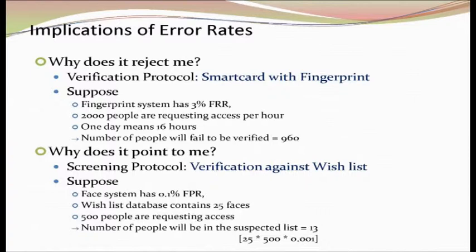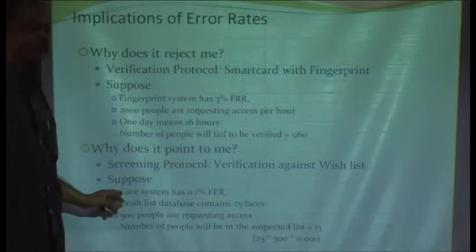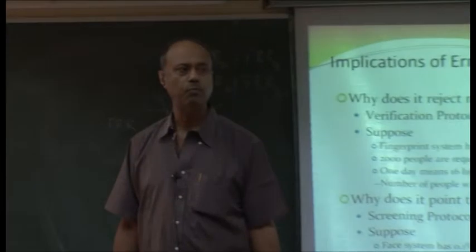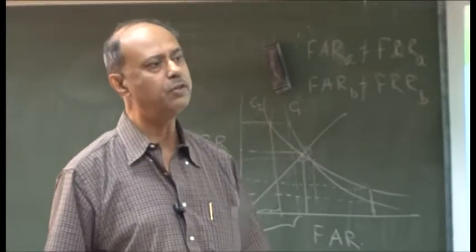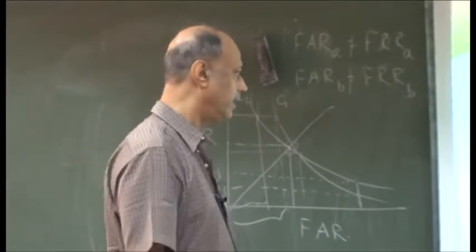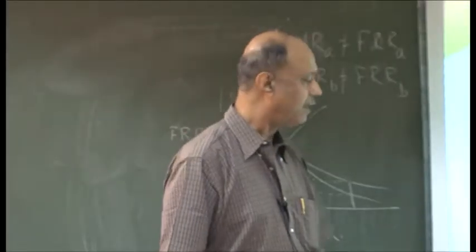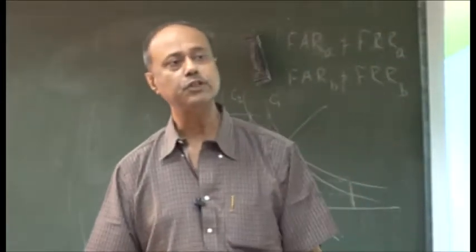The next issue is coming. Why does it point to me? This is another problem. You see the watch list area in the shopping mall. We have decided that there are 25 people whom I do not want to allow in my shopping mall, and assume a face system which has 0.01% false positive, which is also very nominal for a face. The watch list database contains 25 people and 500 people enter the shopping mall.